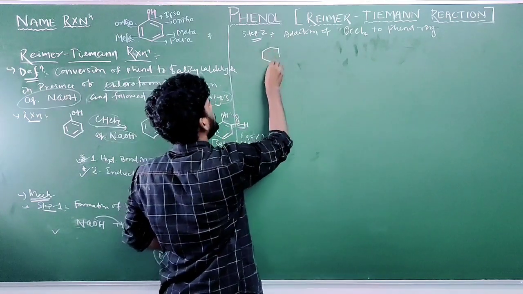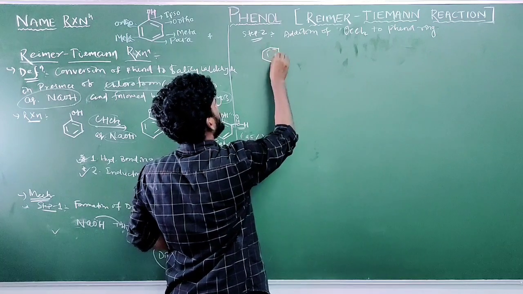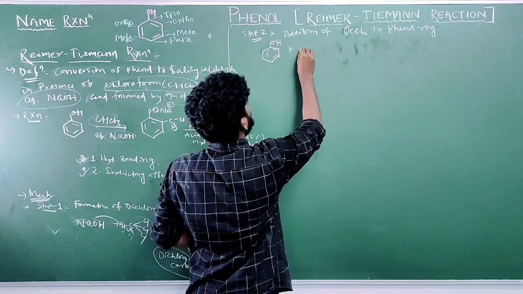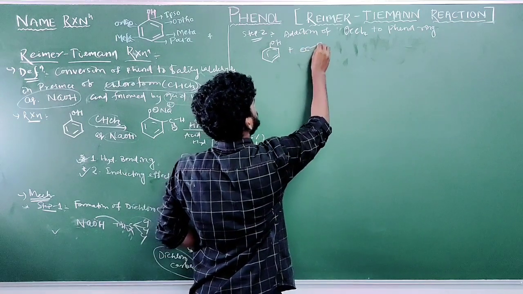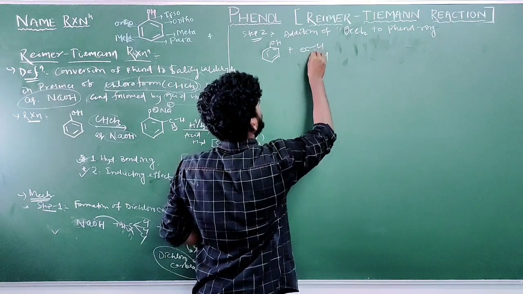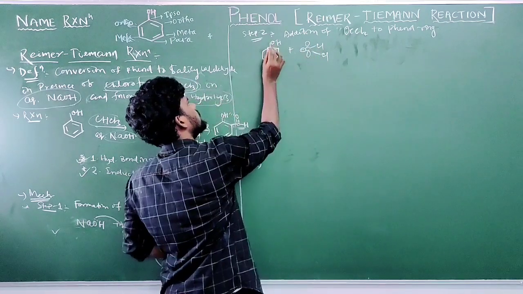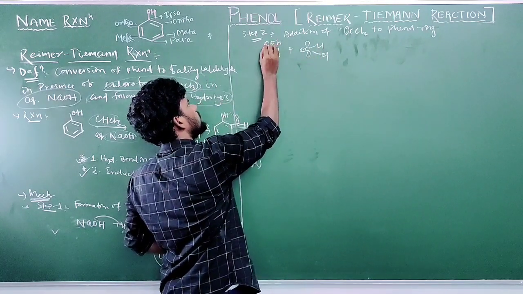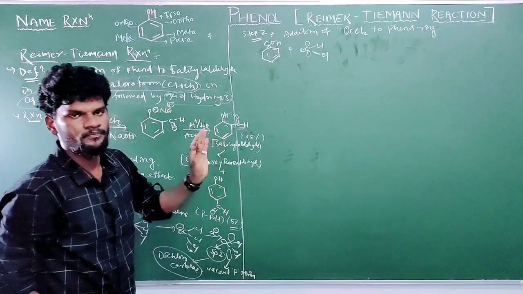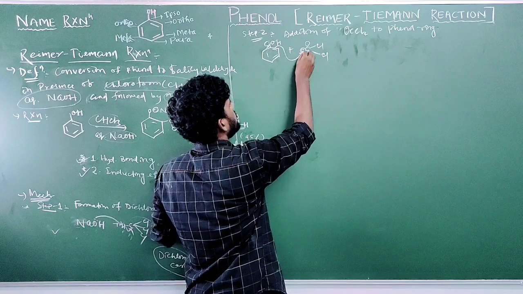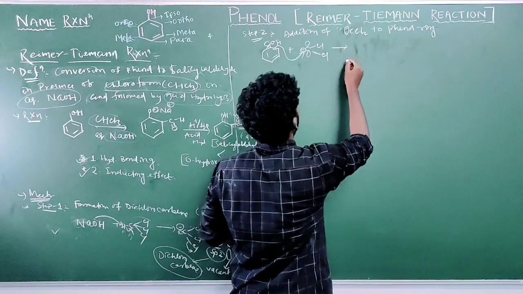Now we have phenol, phenol OH, and CCl2 with 2 electrons on Cl and a vacant p orbital. So by resonance, the oxygen lone pair gives electrons to the ring, and this bond gives electrons to the vacant orbital of carbon. What will it form?